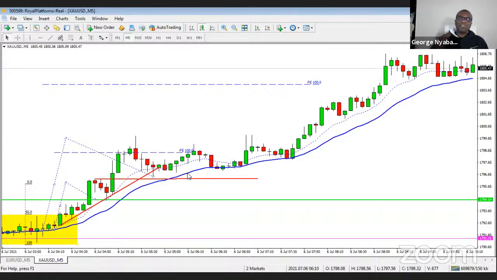If I get a close beneath the 10 EMA, I'm not changing my perspective. I'm not changing my thesis that the bulls are strong. Until I get a close beneath the 20 EMA, I'm going to hold on to whatever argument I have, like right now, that the bulls are strong.